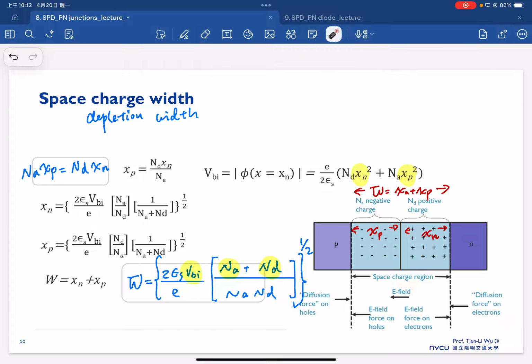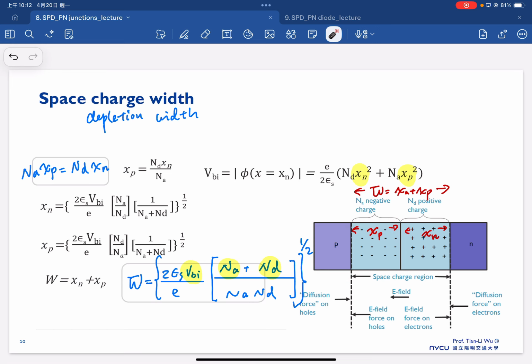But if you look at the depletion width for Xp, we actually also get the same: our Xp is highly influenced by our P-type doping. So this depletion width will be highly influenced by the doping in this region.